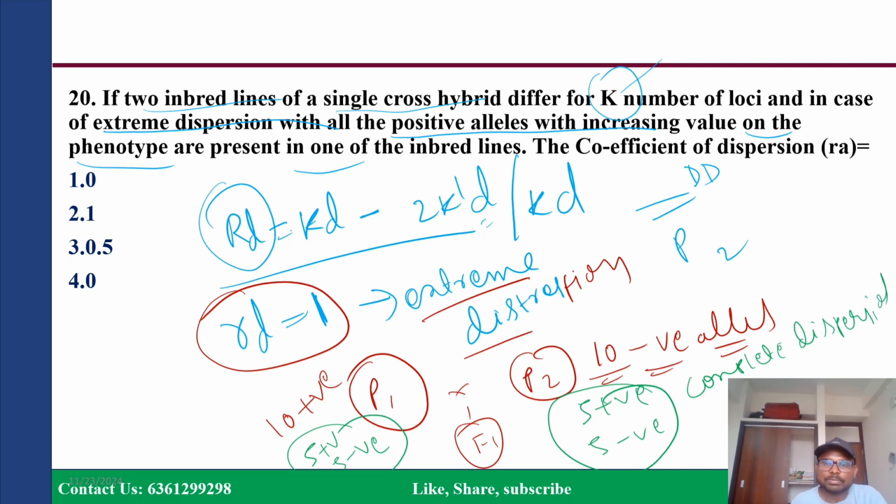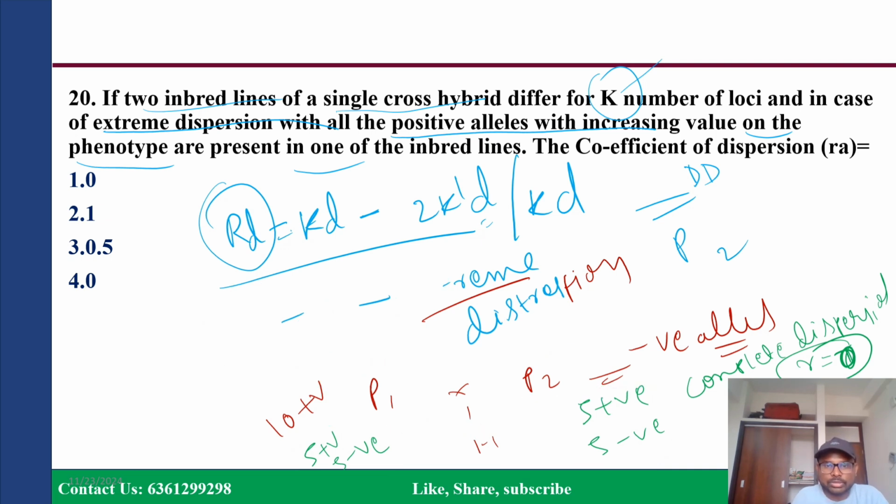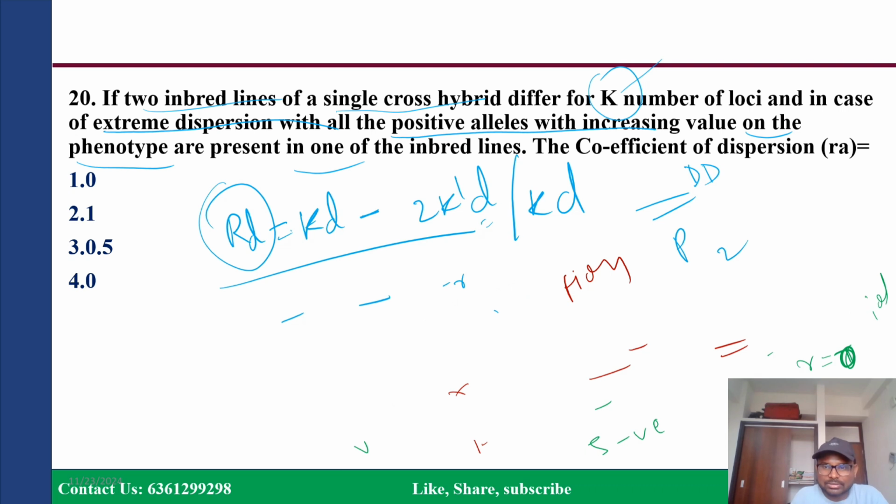Then if there is a complete dispersion, RD is equal to 0. Sorry, I made a mess here. I will explain again.